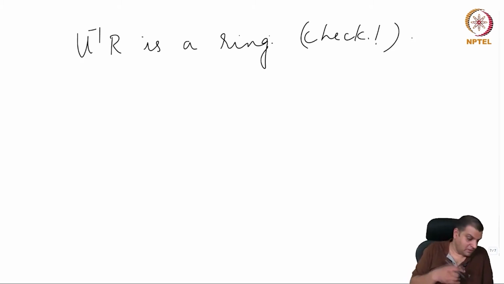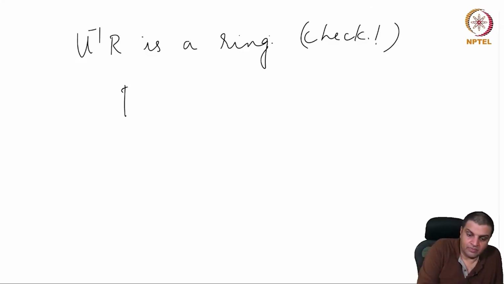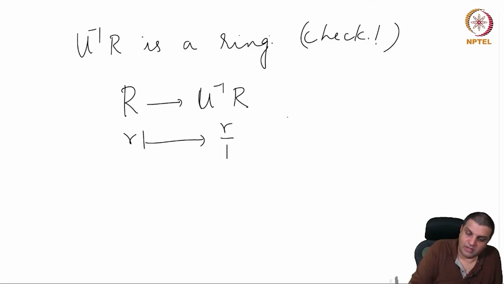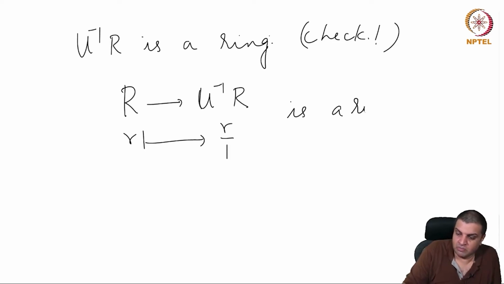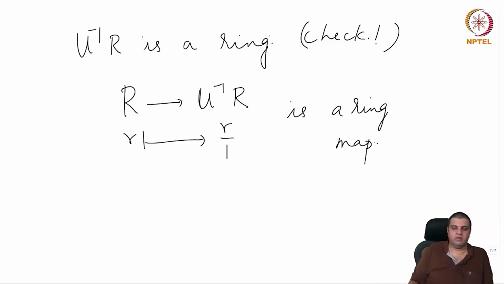And the map from R to U inverse R, in which a ring element r goes to the fraction r over 1, is a ring map. So Z to Q is injective, K[X] to K(X) is injective, but in general it need not have such properties.